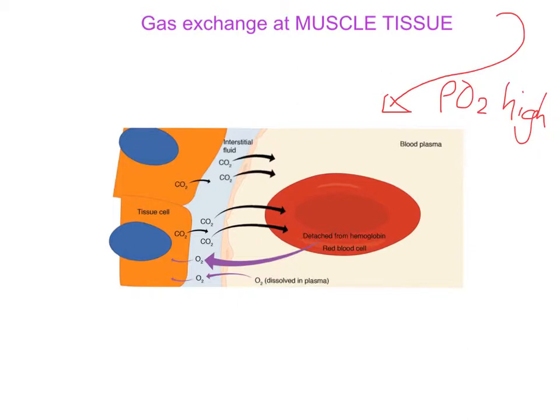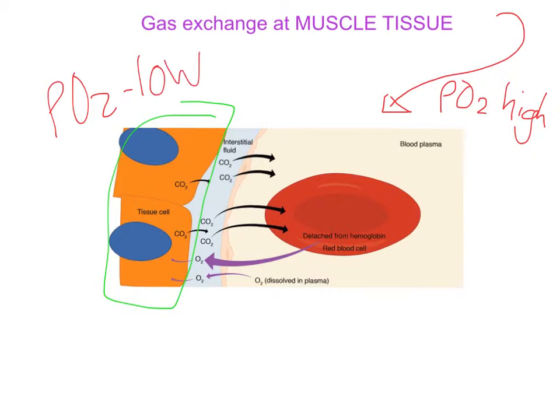And in the muscle tissue here, the pressure of oxygen is really low. The obvious reason is that the muscles are using the oxygen for energy. So again, we look at the principle of diffusion. It's high over here in the blood, and low over here in the muscle tissue, and therefore oxygen jumps from the hemoglobin, we can see it on here, and into the muscle.